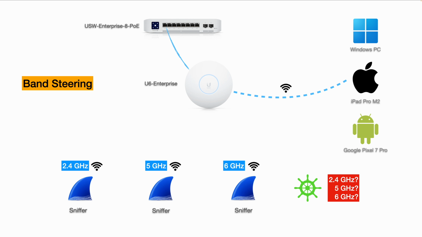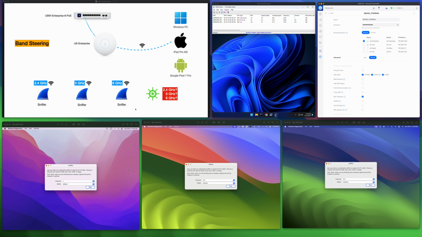That's why I will test at close distance and far away distance just to see the differences. During the testing, I'm going to run 3 sniffers on the 3 different bands just to understand what really happens under the hood. And this is the screen layout I'm going to use during the testing.